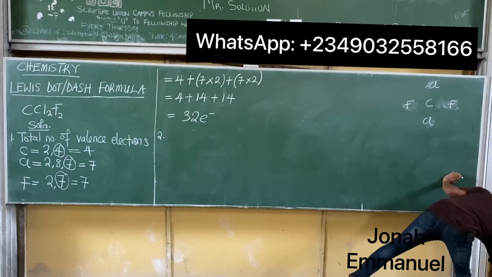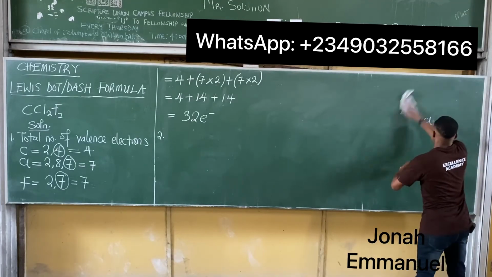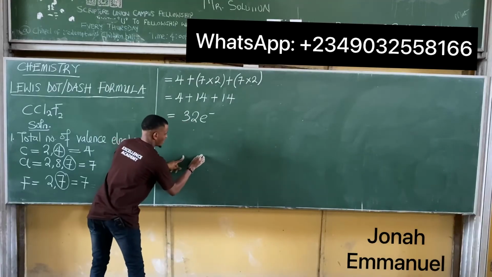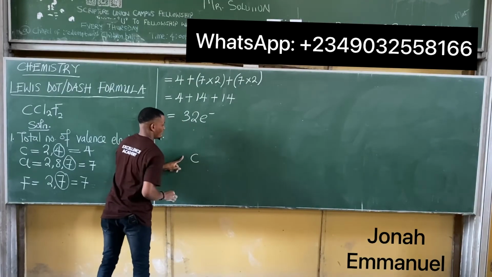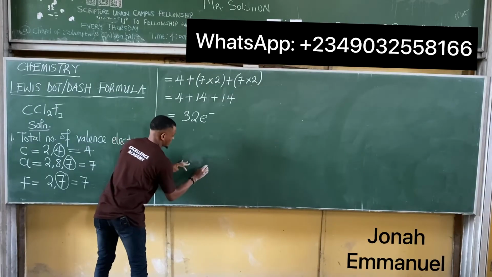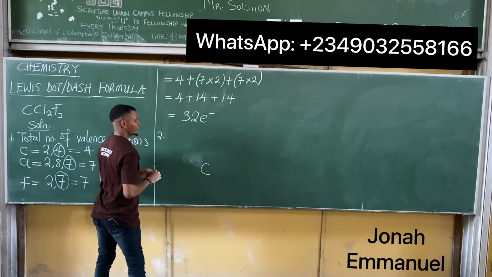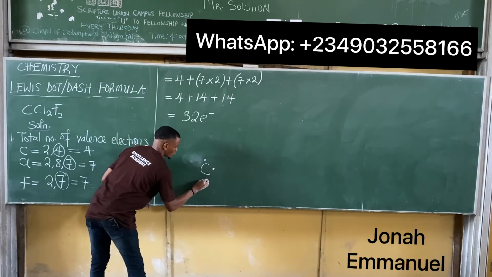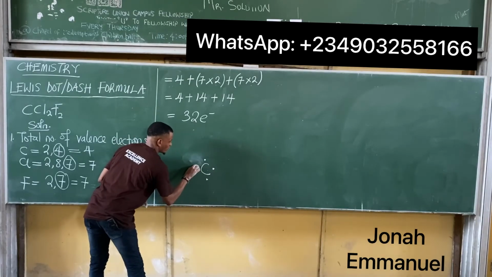So I have carbon here. One carbon combines with the number of valence electrons for carbon, 4: 1, 2, 3, 4.